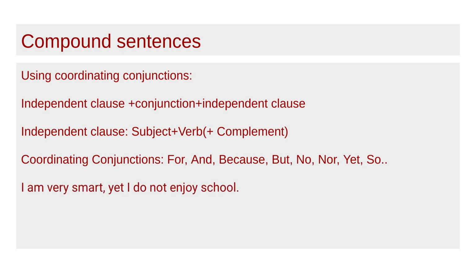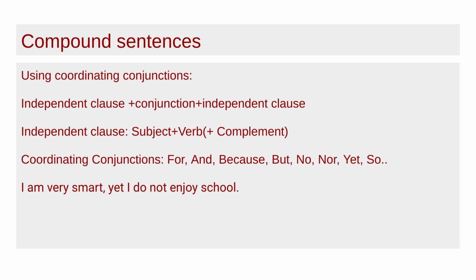For example, I'm very smart, yet I do not enjoy school. So here, I am very smart is an independent clause, yet is the coordinating conjunction, and I do not enjoy school is the second independent clause. If you read the first independent clause before yet, I'm very smart, in itself it makes its own sense.